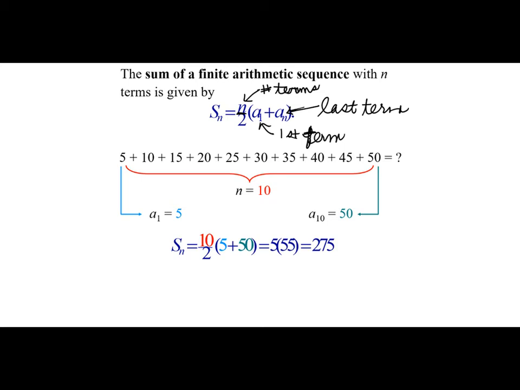So the n, like I said, is the number of terms in the list. So here in this example, there are 10 numbers present. A sub 1 is our first term, which in this case is 5, and a sub 10 is our last term, which is our a sub n. So if I plug all my values in, I wind up getting 275 as the sum of my finite sequence.